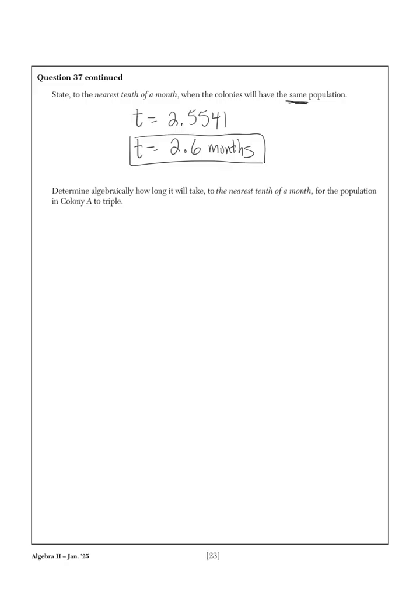Okay? All right, so the last part here says determine algebraically how long it will take, to the nearest tenth of a month, for the population in colony A to triple. So I'm going to start with colony A, and I'm going to look at its equation. Now, if something triples, and I started with 10,000, that means I will end with 30,000.